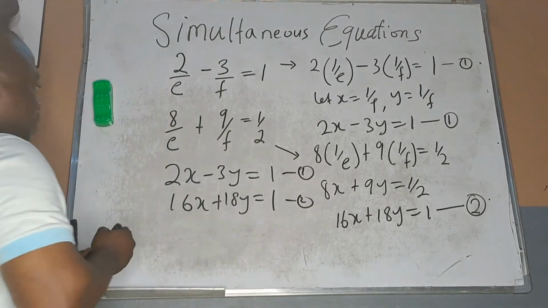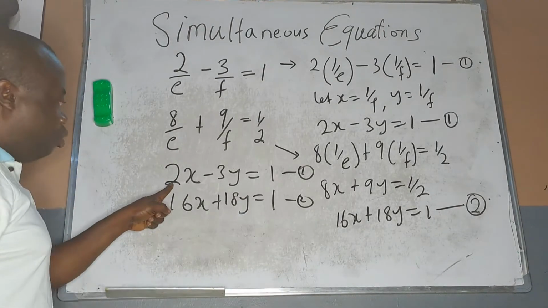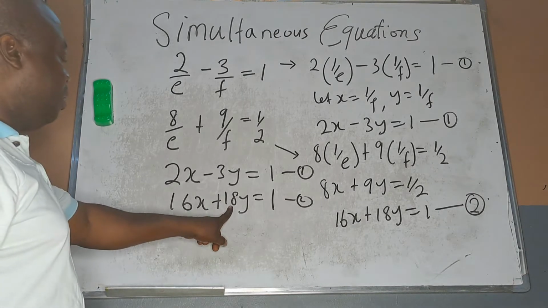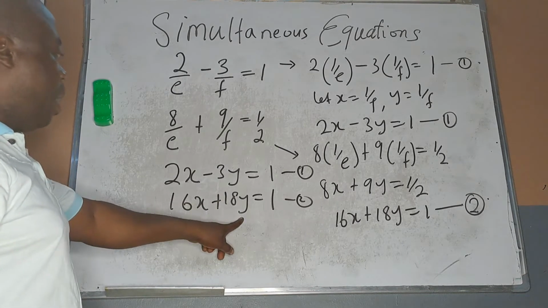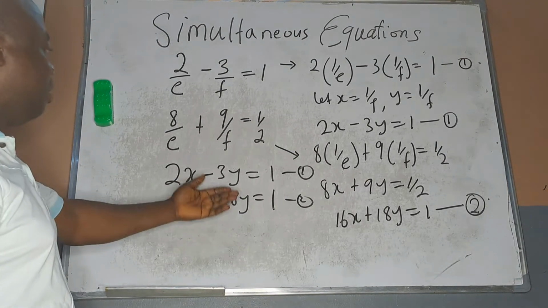Now, if you look at this closely, we will discover that the coefficient of x is 2 and the 16 here are of the same sign. This is 18 for y and minus 3. So I multiply equation 1 by 6 because 6 times 3 is 18.